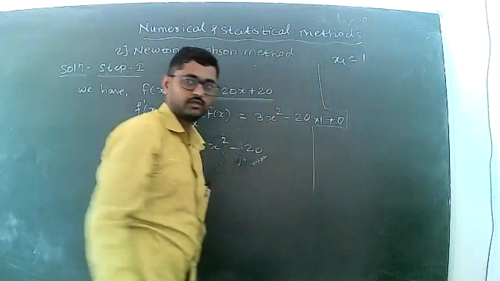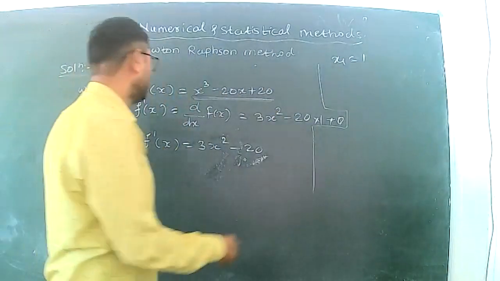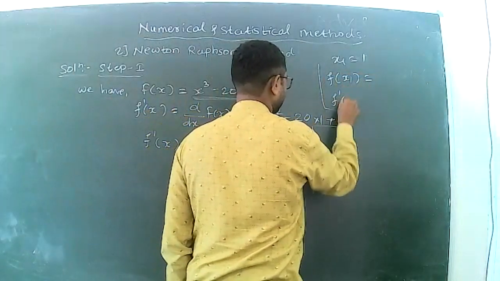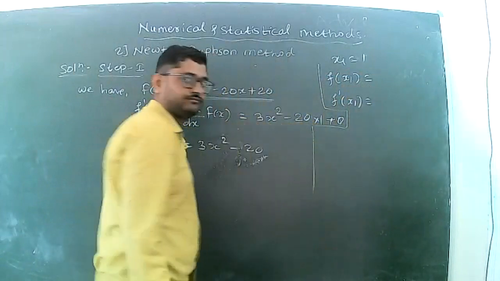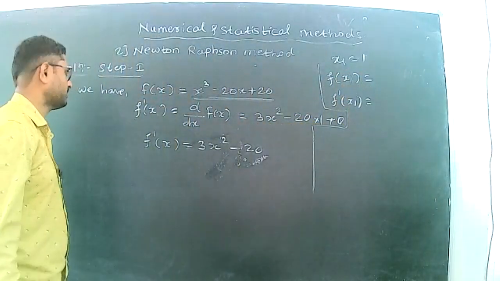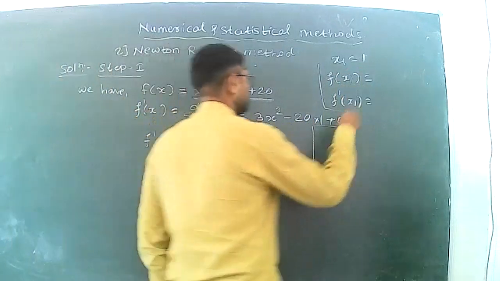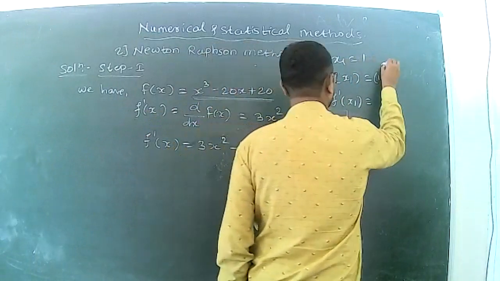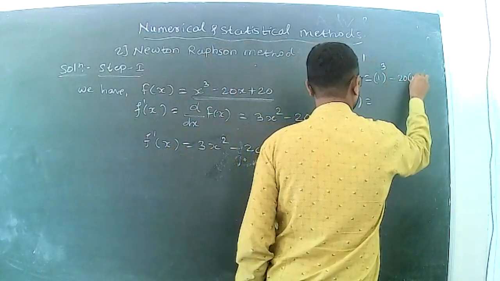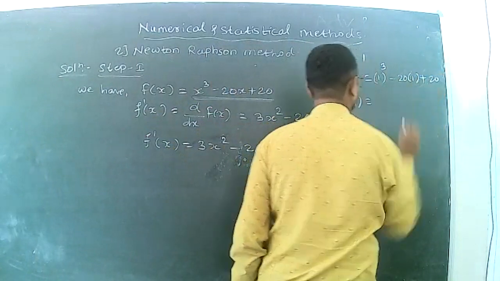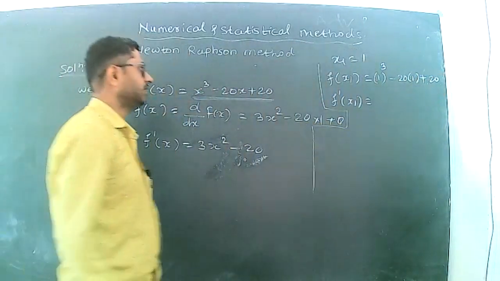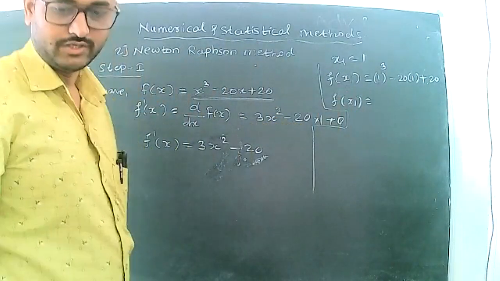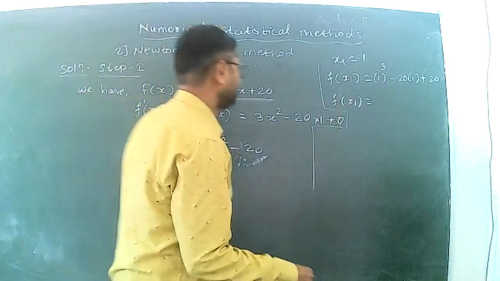x1 is given as 1. Find f of x1 and f dash of x1. For f of x1, we put x as 1 into the f of x equation: 1 cube minus 20 into 1 plus 20, so f of x1 is equal to 1.